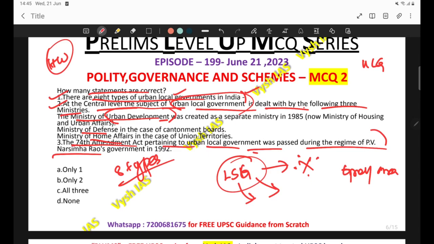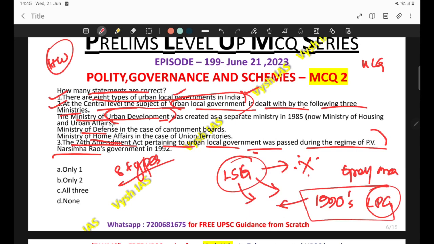Whenever you see these milestones in polity, economics or something like that, if something important is happening, like, to give an example, in the 1990s we had the LPG reforms, then parallelly consider what was the political condition in India, what was the condition at the global level, and what was existing economically and culturally.